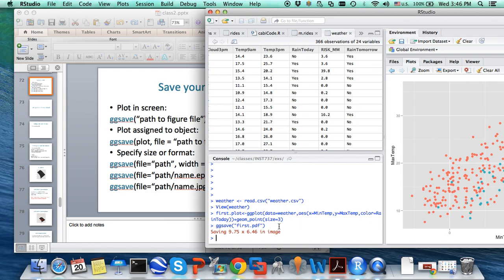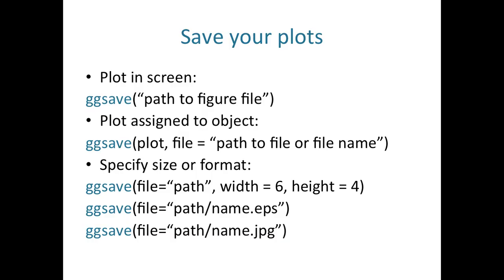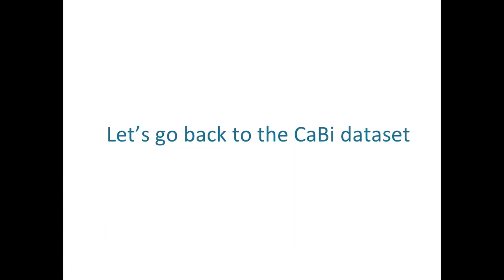Then I can use that PDF file, say, for the report that I'm generating from my homework. You have here many other options for saving, specifying the file path or the size or the format and so on. Just play around with them.